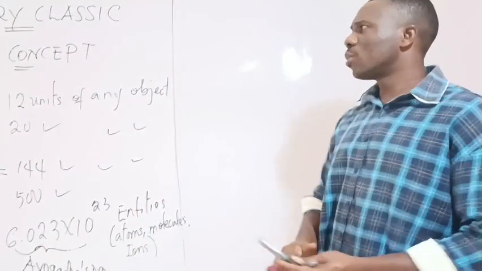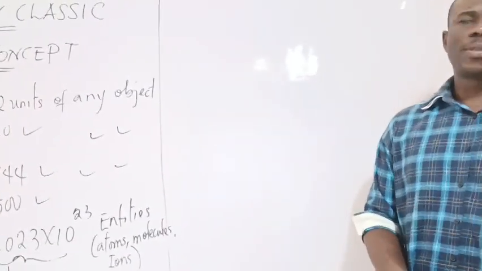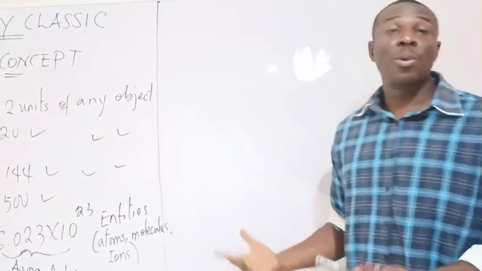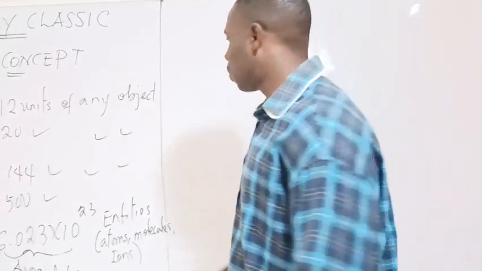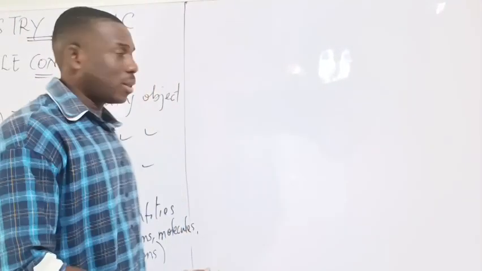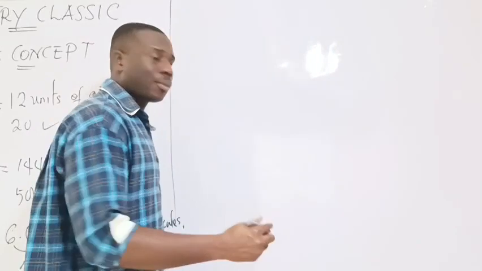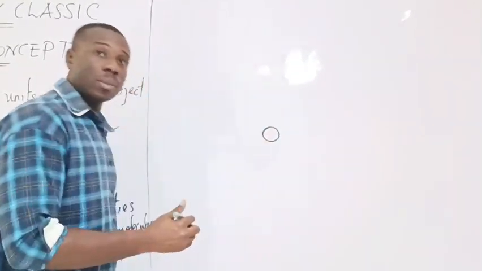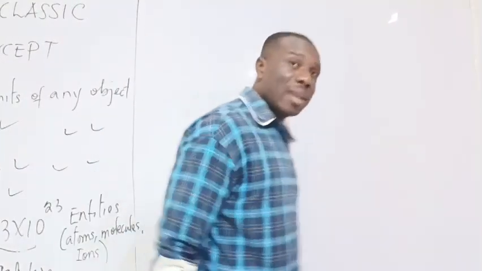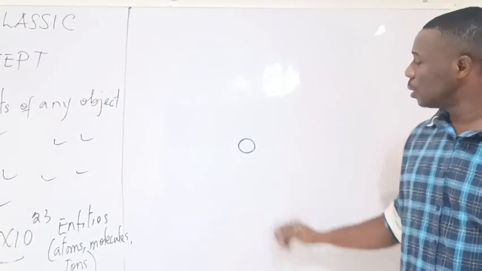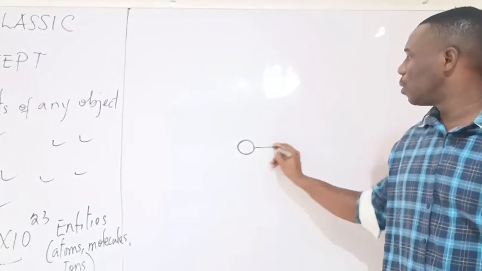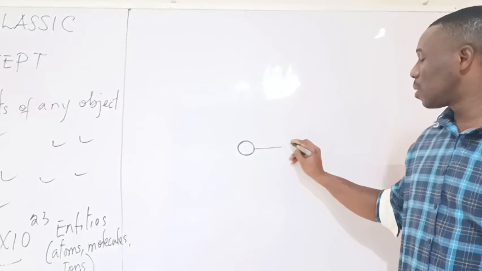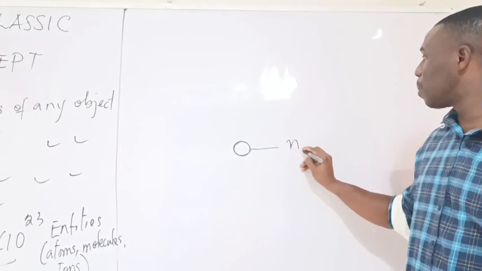Now, I want to draw the picture of Niels Bohr's model of an atom, just for the sake of emphasis. So, an atom has a core. This is called the nucleus of the atom. In this nucleus, you find some amount, let me use the symbol N for amount, of protons.